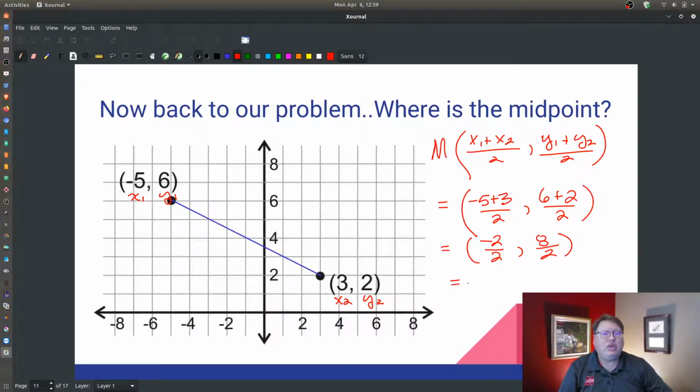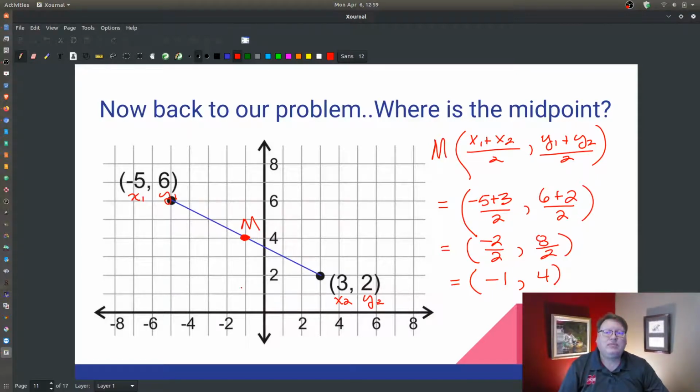And now we know our midpoint is located at -1, because -2 divided by 2 is -1, and 8 divided by 2 is 4. So our midpoint is at -1, 1, 2, 3, 4, which is right here. So that is the midpoint of this segment.